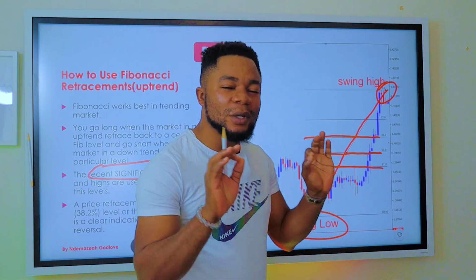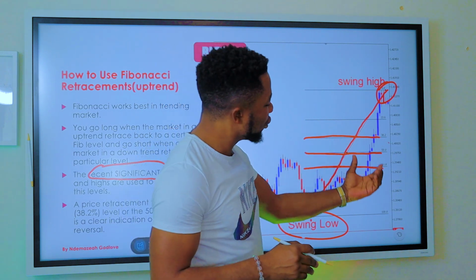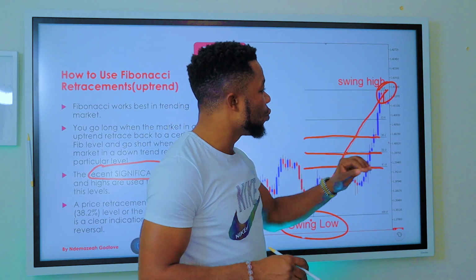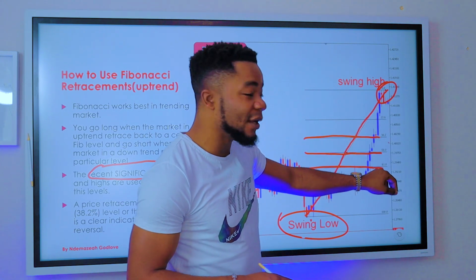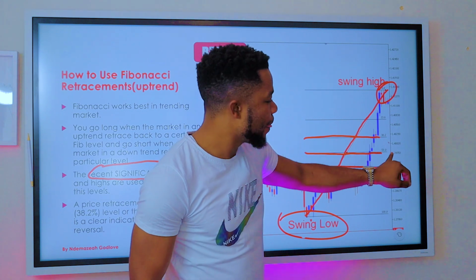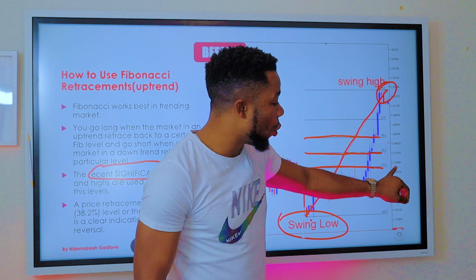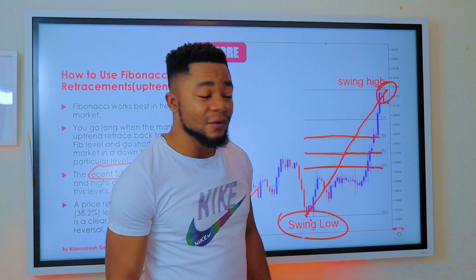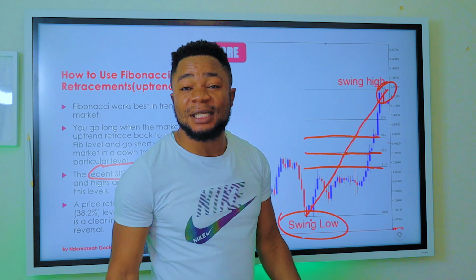For us to get into the trend, remember I'm doing this step by step so that you understand. For us to join this uptrend, we wait for the market to retrace to any of these 3 levels: the 38.2% level, the 50% level, or the 61.8% level. If the market gets to any of these levels, you're going to buy without even thinking twice, all right?